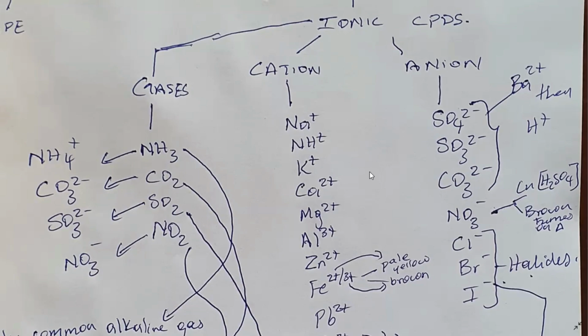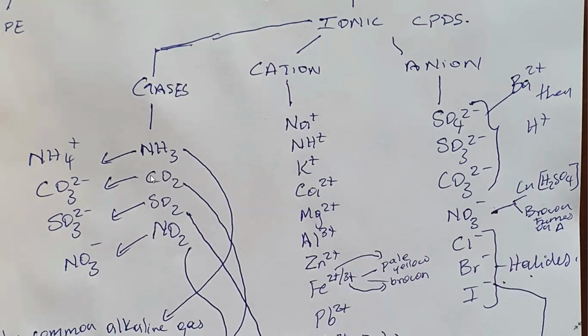When you react this, if one of these is present, you're going to get a white precipitate. And then you react the solution with acid. H+, of course, represents acid. If the white precipitate reacts with the acid, it's possibly carbonate or sulfite. Then you go back over here.